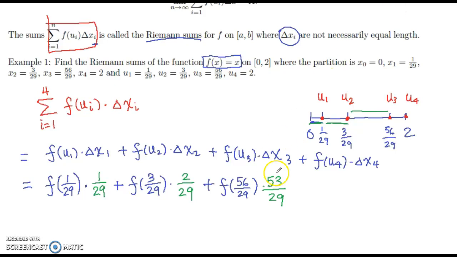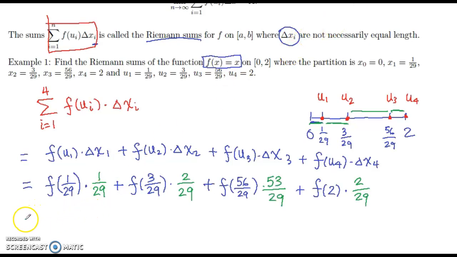Plus f of u sub 4, which is 2, times how long this is: 2 minus 56 over 29, so that is 2 over 29. If you're not sure, use a calculator. And then you plug in the function value.